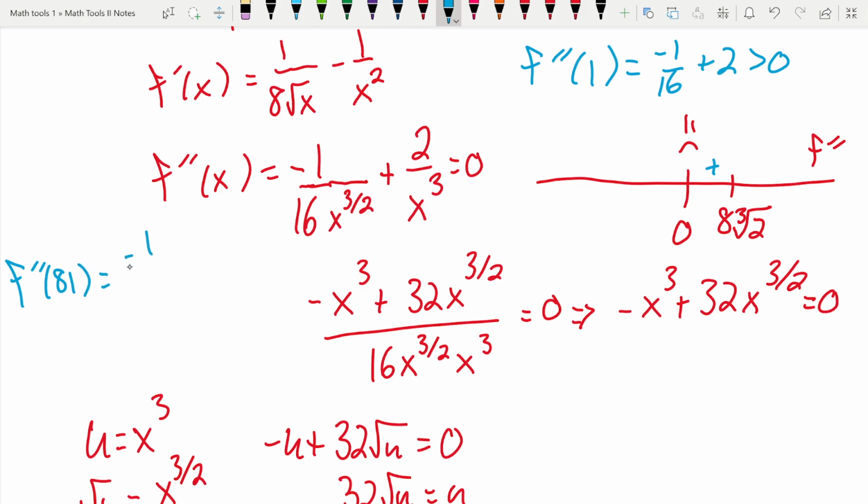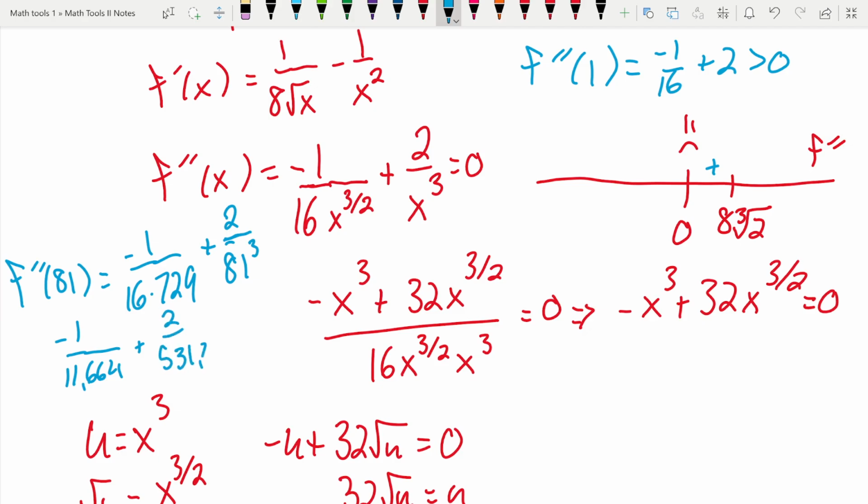So I got negative 1 over 16 times 729 plus 2 over 81 cubed. Okay, so go ahead and stick these in the calculator. So I got negative 1 over 11,664 plus 2 over 531,441.